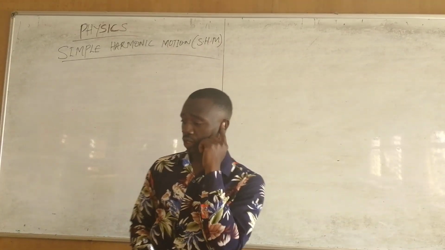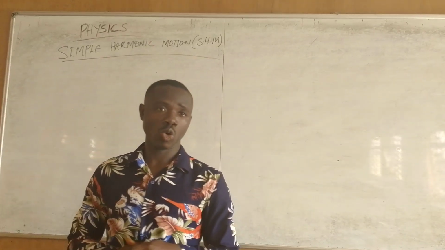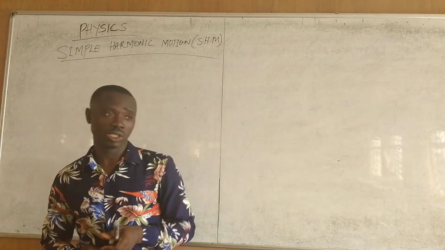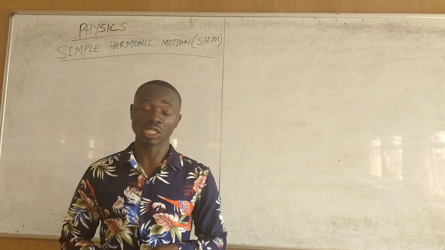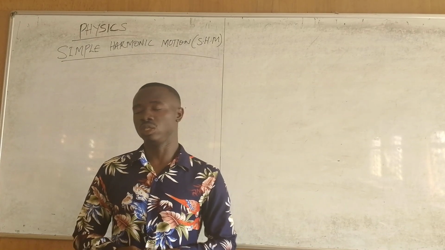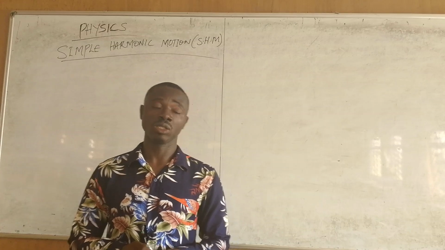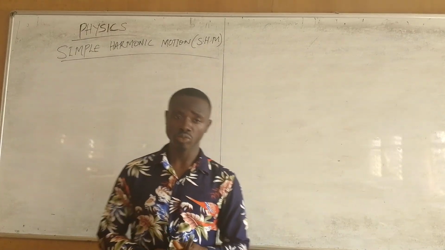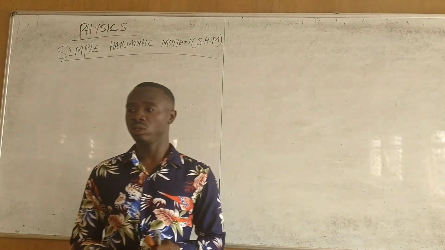Once again, the acceleration is proportional to its displacement, meaning the acceleration of a body undergoing simple harmonic motion will be proportional to the displacement of the same body from where?